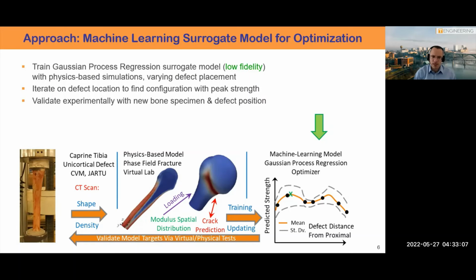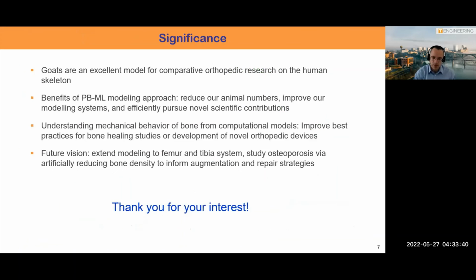The third phase is to use the physics-based model to run more simulations and provide a training library for a surrogate model, a low-fidelity model that runs faster and is able to perform iterations to optimize where the defect should be placed in order to have peak strength. Then, with the outcome of that optimization, we perform an experimental validation with that defect placed and see how well the computational models have done at predicting physical reality.